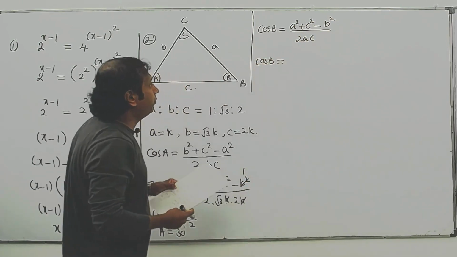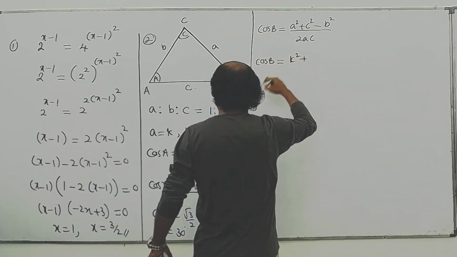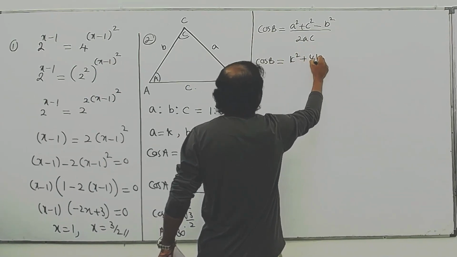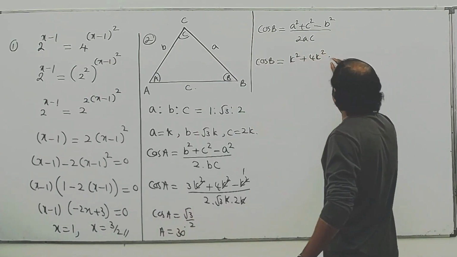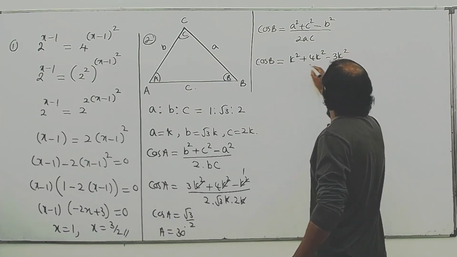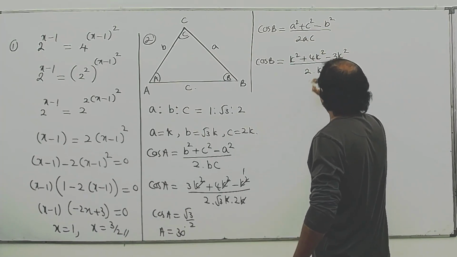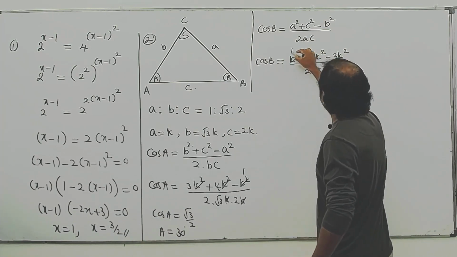Substitute here too for A, k squared. For B, for C, then 2k perfect squared, 4k squared, no, minus 3k squared divided by 2 into A, k, C, 2k, right? Here also, people, you can cancel down this k squared.